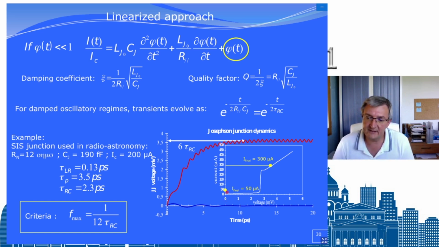That's why you are on this vertical branch, but it doesn't mean there is no voltage. What you see is there is no average voltage. At high frequency, you have a voltage, and this high frequency is connected to the Josephson frequency. You remember, about 500 gigahertz for 1 volt. So it's very fast. You cannot see it. Even if you had a fast oscilloscope, you couldn't see this variation. You see a period is about 4 picoseconds.